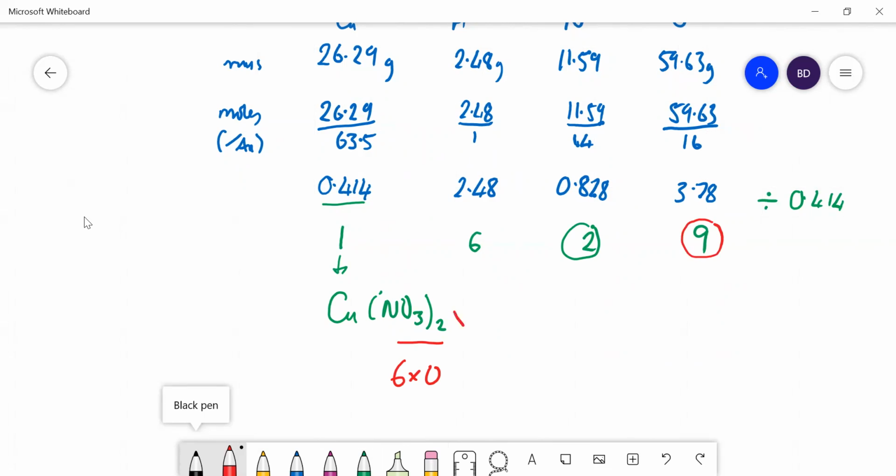So the value of X has got to be 3. It's going to be 3H2O. Let's check we've got the right number of hydrogens there. We have, yeah, we've got 6. So that is the formula. Copper nitrate dot 3H2O, and that's the end of that paper.